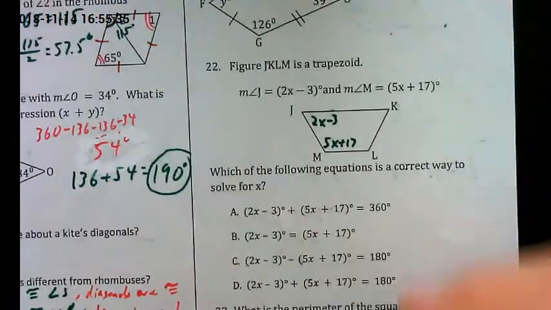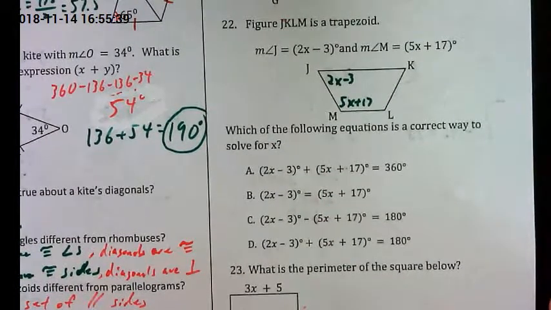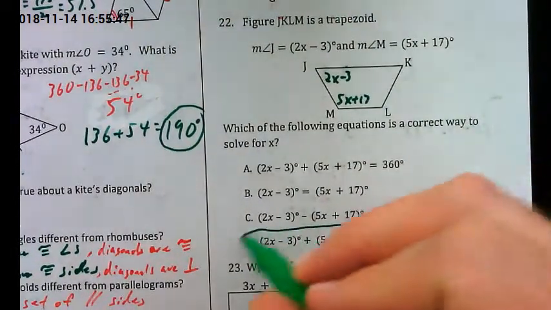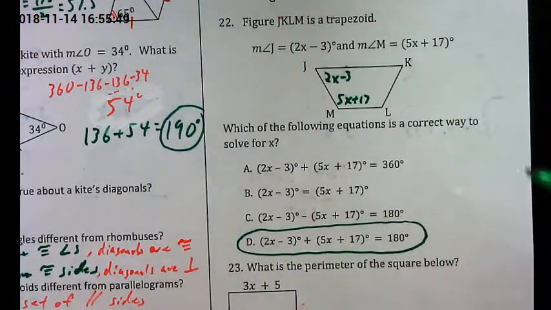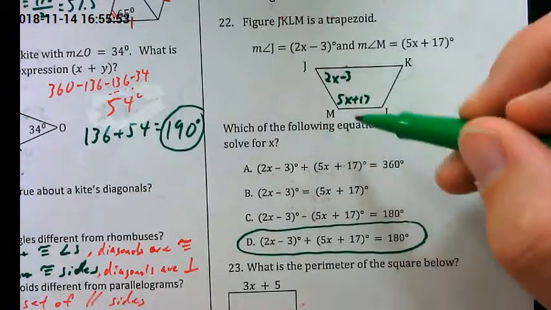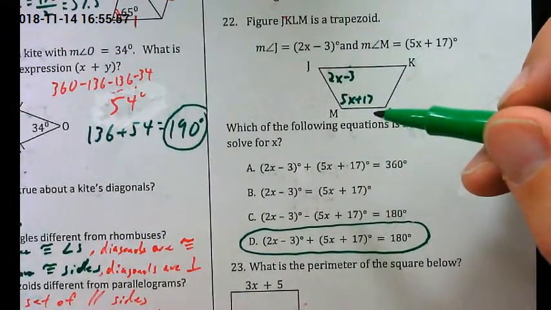Which one of these equations correctly solves for x? It's D. Explain. These are consecutive interior angles. Consecutive interior angles have to be supplementary. They have to add up to 180.